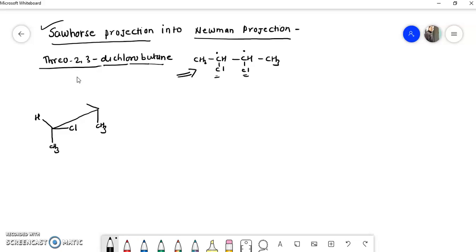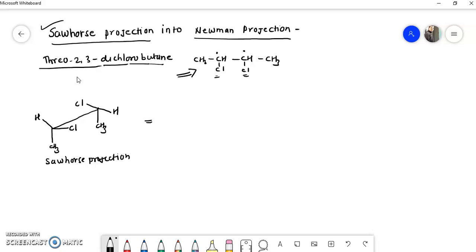So you see here this will be chlorine. Now you see this chlorine and this chlorine are on opposite sides. Similarly this hydrogen and this hydrogen are on opposite sides. Okay, so this is the Sawhorse projection of this 2,3-dichlorobutane.